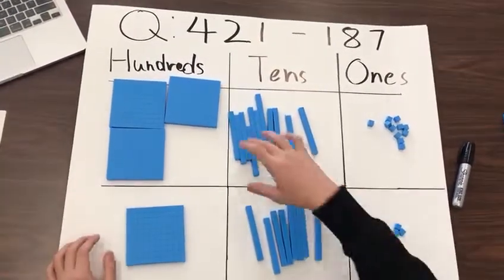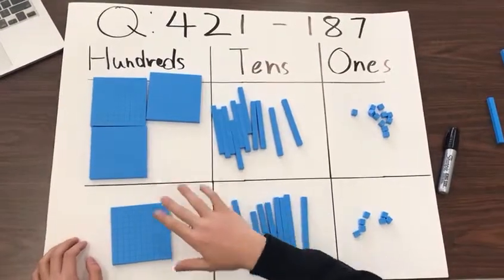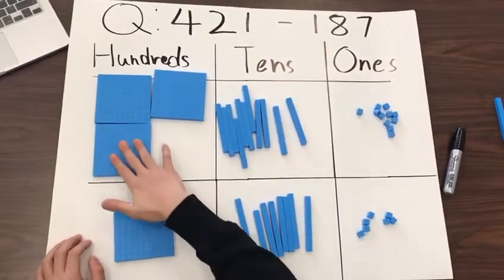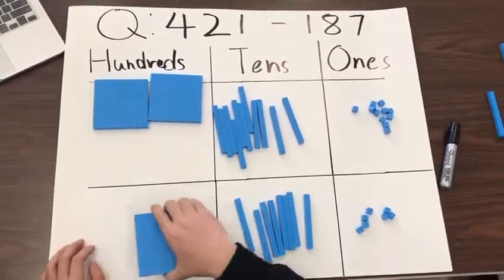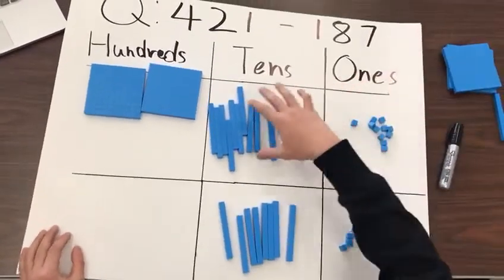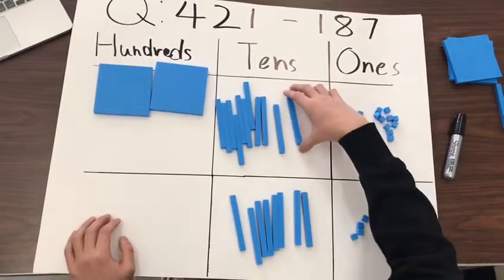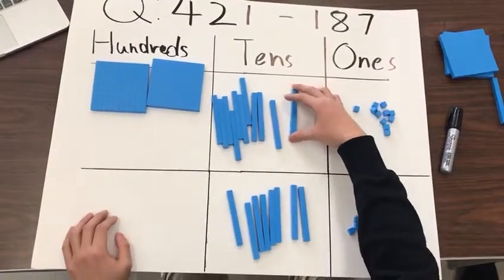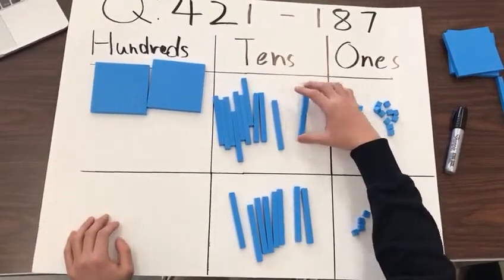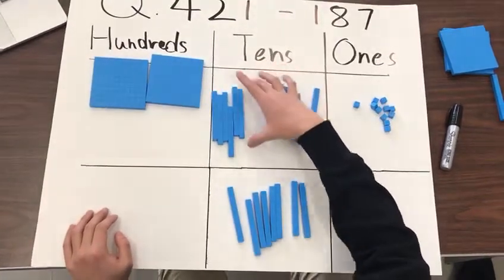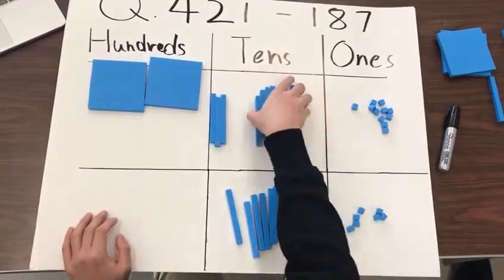Once we finish this step, we can begin our subtraction. For the 100 columns, I see that there is 100 below the line and 100 above the line, so they can cancel each other out. For the tens columns, we have 8 below the line, so I have to pick 8 more bars from above the line so that they can cancel each other out. 1, 2, 3, 4, 5, 6, 7, 8.